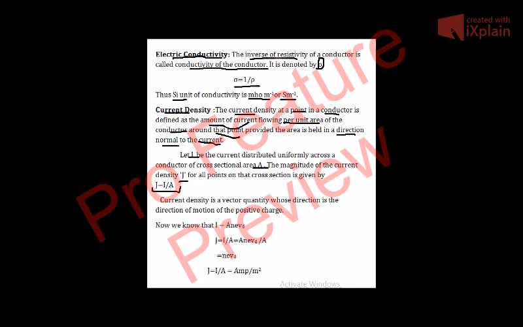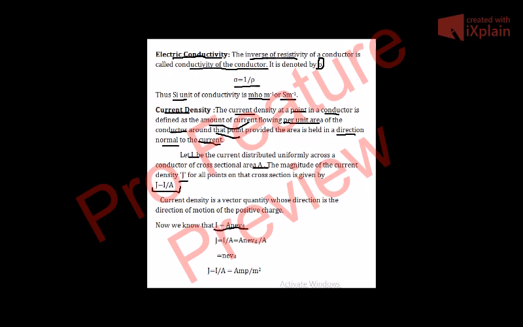Now we know that I is equal to A n e v_d. That is the relation between drift velocity and current.